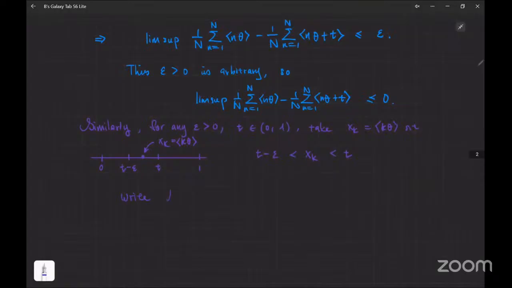Again, take L to be the distance of t minus theta.